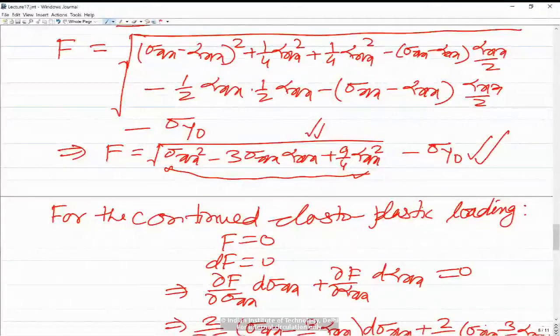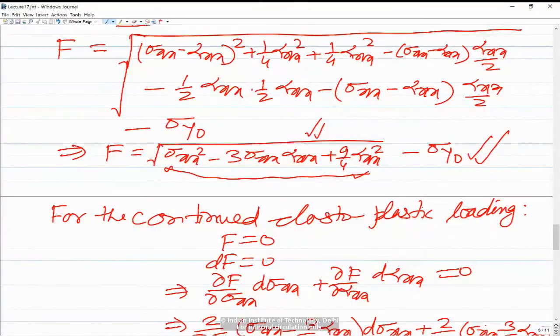Sir, here the yield surface is a point, right? No, this is not a point case. It is a surface. In this uniaxial case, it would not be a point but actually a line segment.